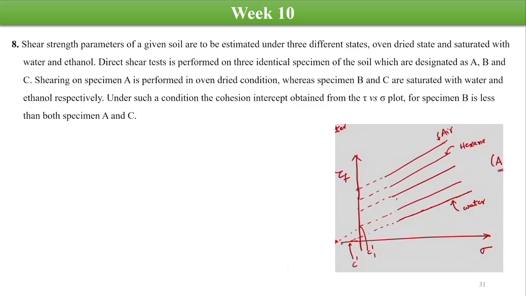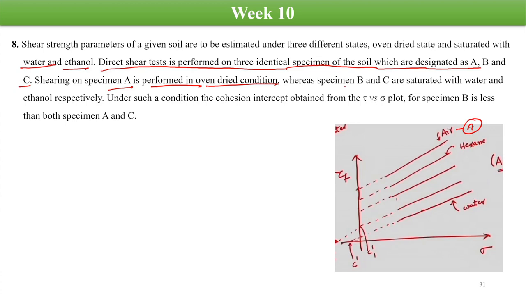Moving to question 8, it says the shear strength parameters of a given soil are to be estimated under three different states: oven dry state, and saturated with water and ethanol. Then a direct shear test is performed on three identical specimens of soil designated as A, B and C. The shearing on specimen A is performed in oven dry condition, so air is the pore fluid.